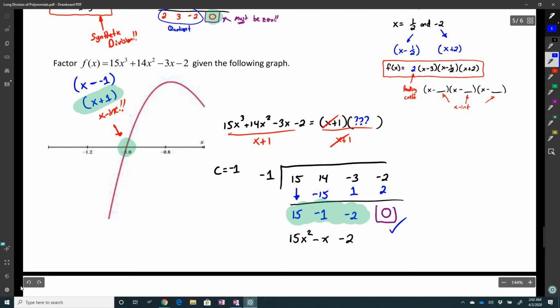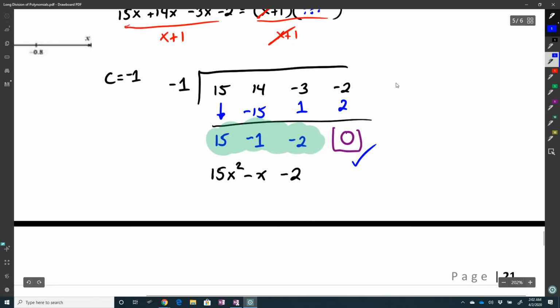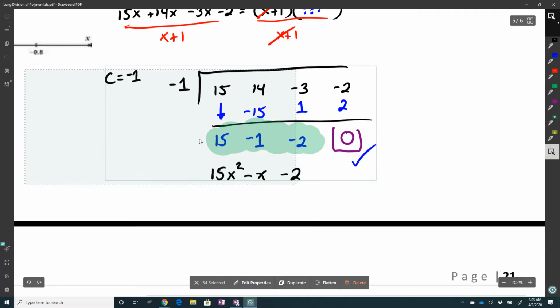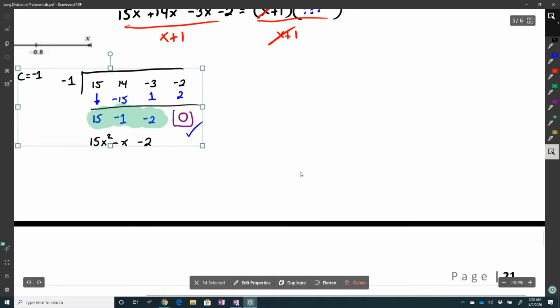That's the other factor, but I'm just going to go straight to doing the quadratic formula. So looking at this, I already know that a is 15, b is -1, c is -2.